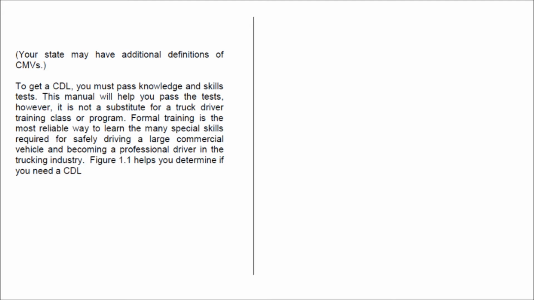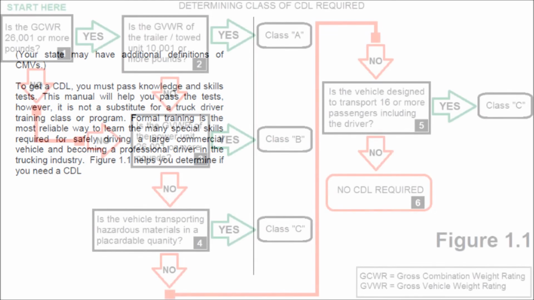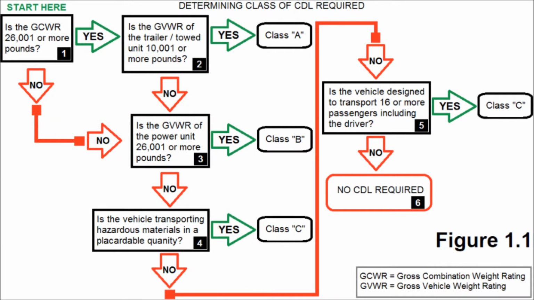This is Figure 1.1. Determining class of CDL required. So start at box number 1. It's asking you, is the GCWR 26,001 or more pounds?